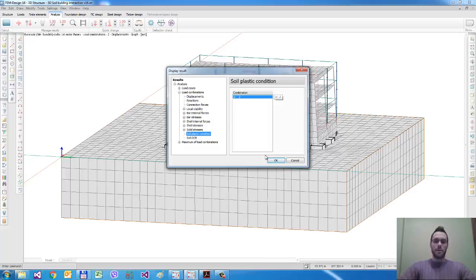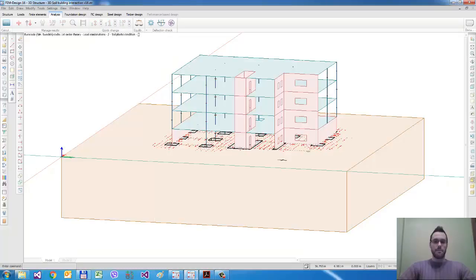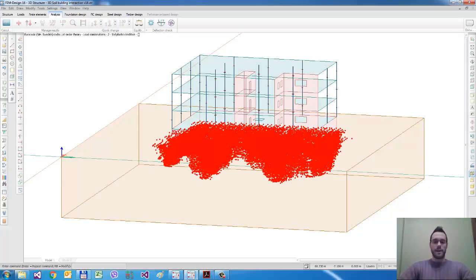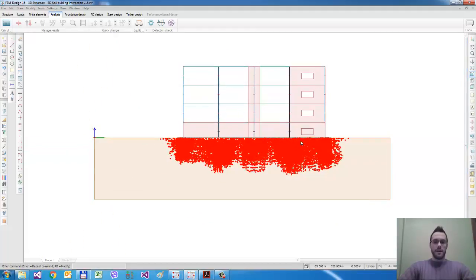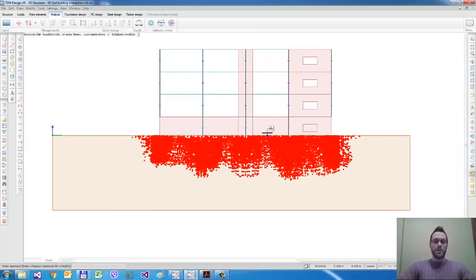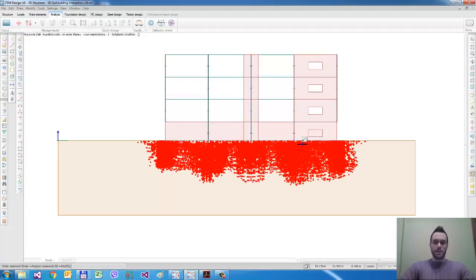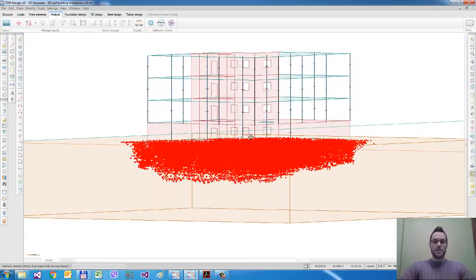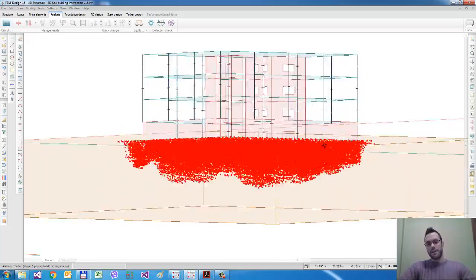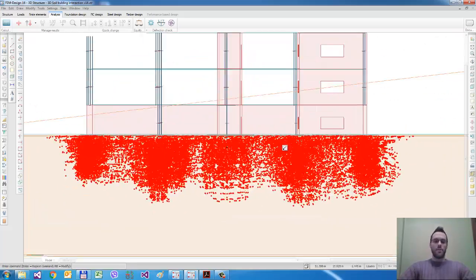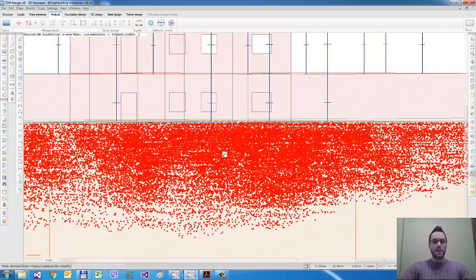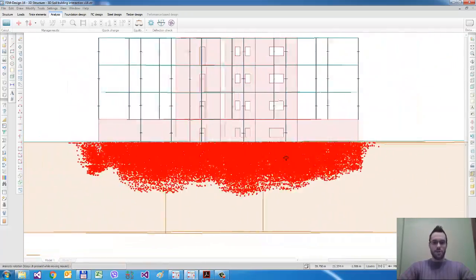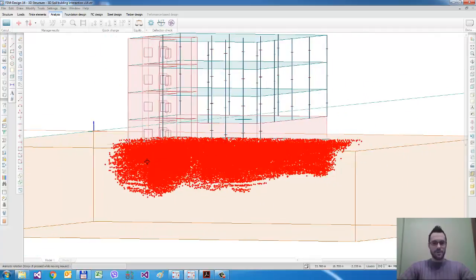So I can check the plastic points of the soil in the second load combination, and you can see here with the red dots those integration points which are in plastic condition during the calculation. You can see here that under the foundations we have several integration points which reached the plastic condition during the calculation and during the external loads.